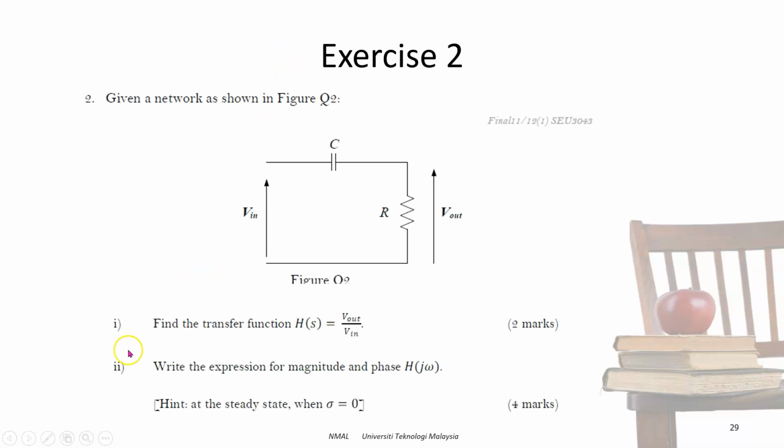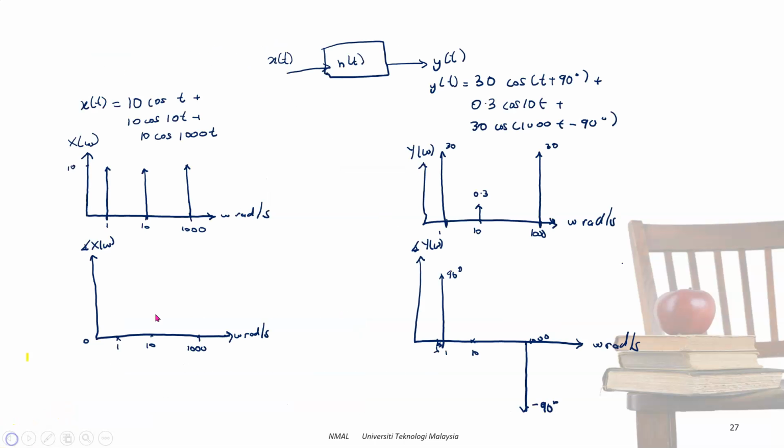gain at omega equal to 1 rad per second is equal to 3. Okay, this is based on what I have discovered just now. Gain at omega equal to 10 rad per second is 0.03 because when you multiply 10 with 0.03, you will get 0.3.